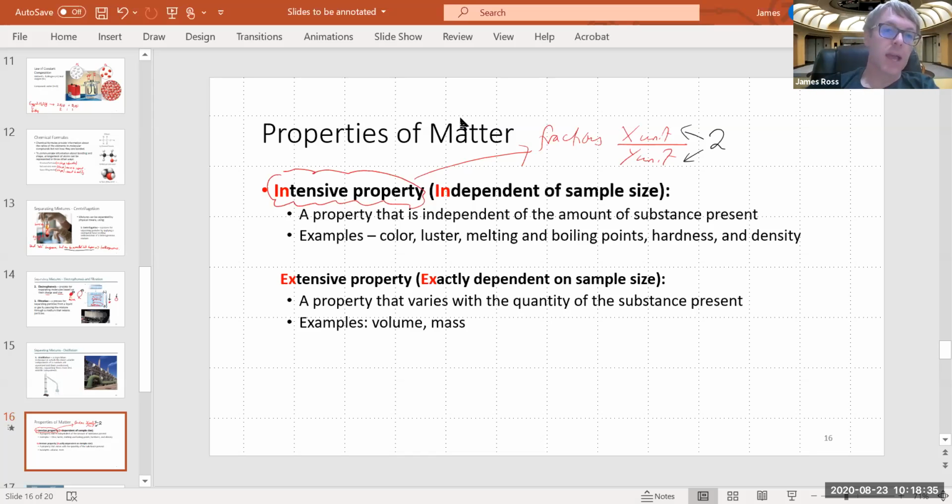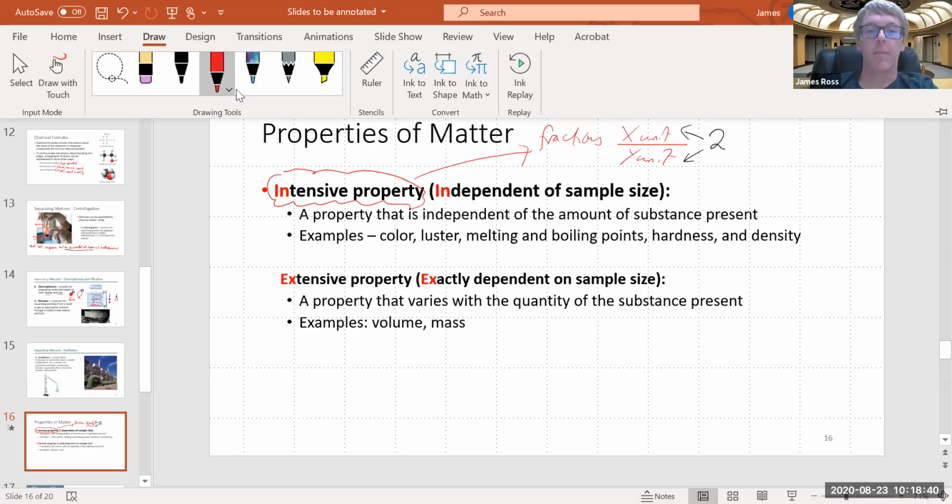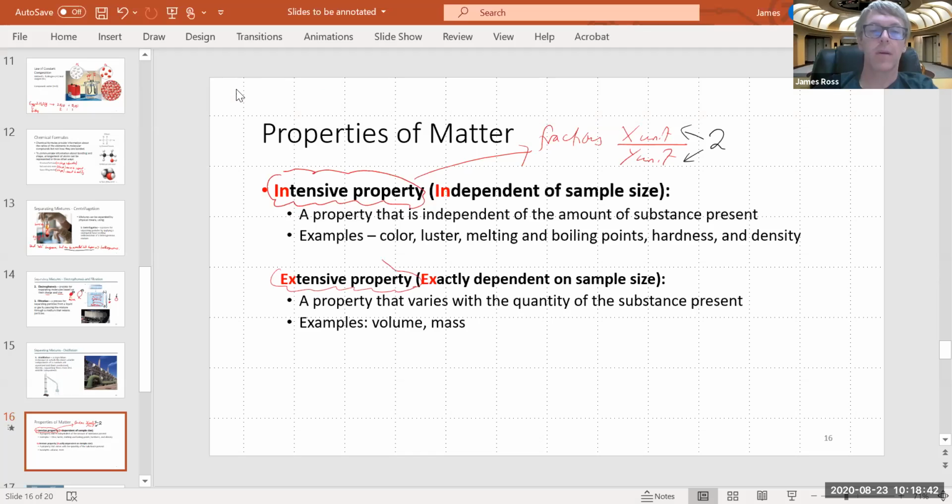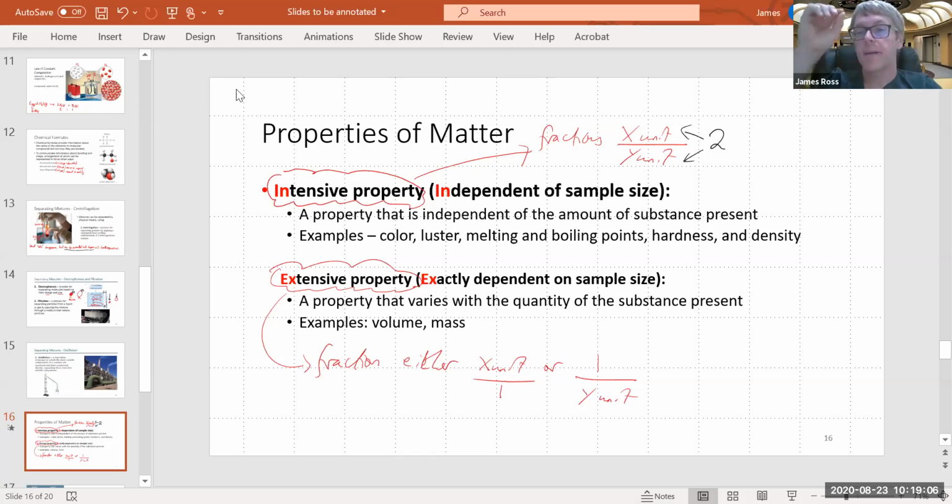On the other hand, an extensive property is a fraction, but this time it's either x unit over the number 1, or it's 1 over something with a unit. So crucially, with an extensive property, there's only one unit, either in the numerator or the denominator.